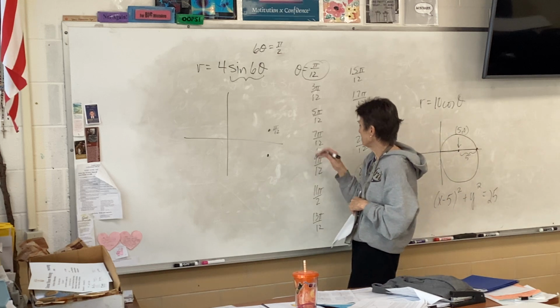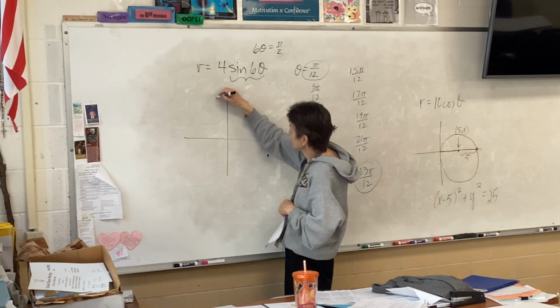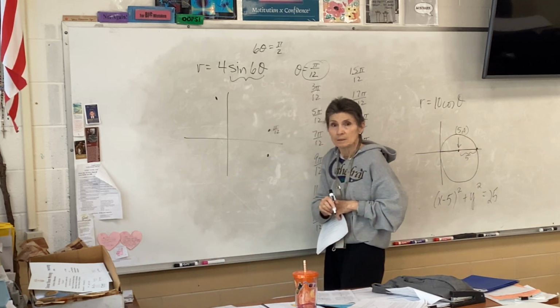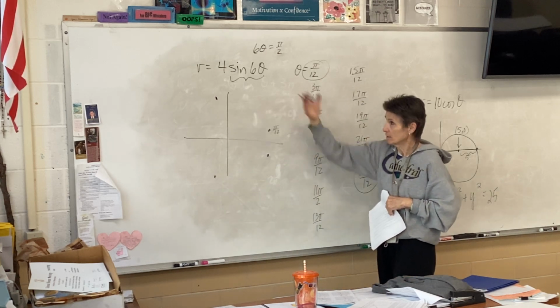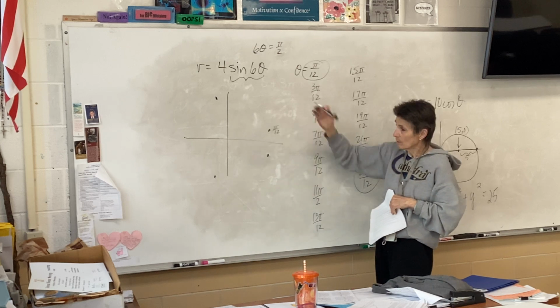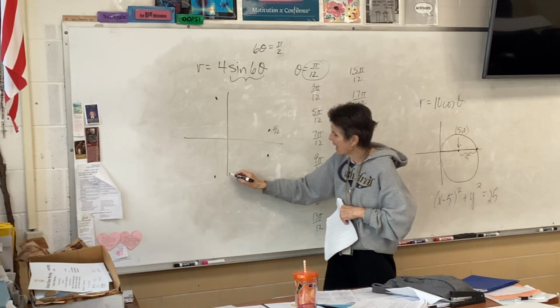All right, let's pick another one. Let's try 7 pi over 12. If it has symmetry across the polar axis, it would have one down there. Well, what would that be?